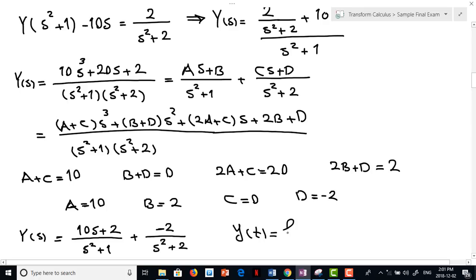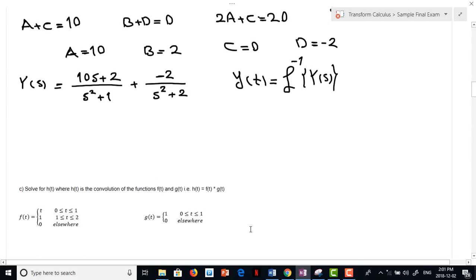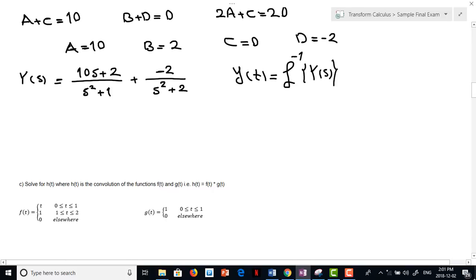y(t) is the Laplace inverse of Y(s). Let's find the Laplace inverse of Y(s). In fact, y(t) is equal to the Laplace inverse of Y(s). Y(s) we already found.